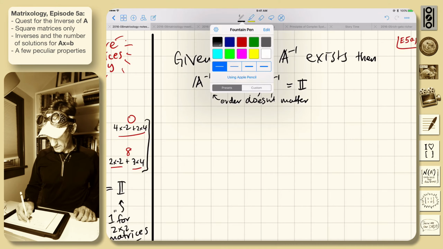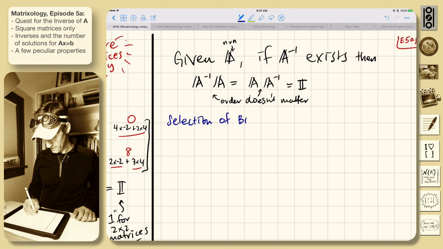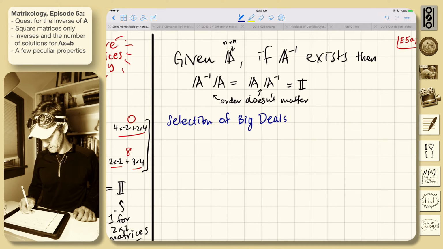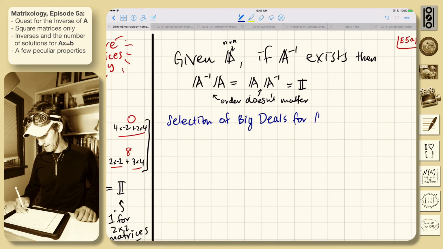So a selection of big deals. Let's make it blue. This is great. Big deals. Ooh, no. This is a mathematical term, a big deal. There are lemmas and proofs and so on, corollaries, which no one can pronounce properly, and a big deal. Selection of big deals for, let's write this, for A to the minus 1.